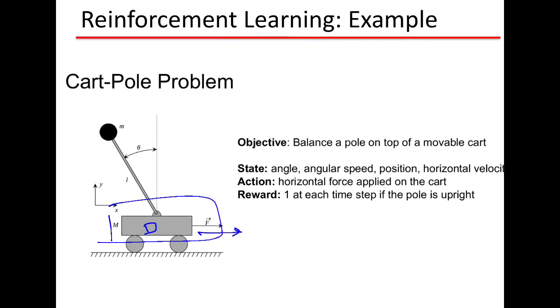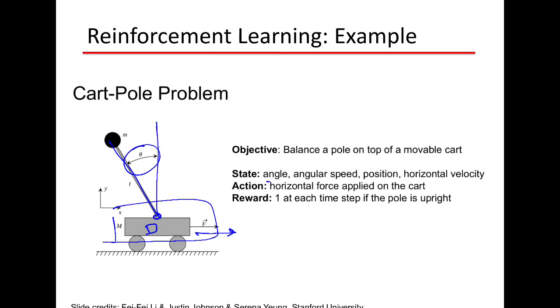The state of the environment, the feedback it gets, is this angle theta, which the lever makes from the perpendicular line. Also the angular speed, the rate at which it is falling down or going up, and the position and the horizontal velocity. So 4 state variables. Horizontal force is the one variable that you apply.